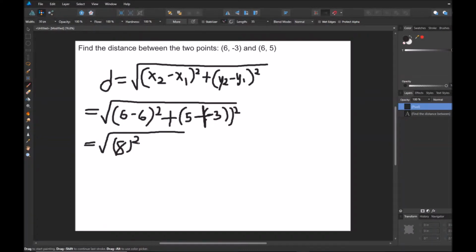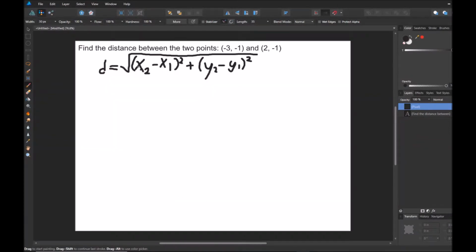And it's important that you actually do the squaring instead of just canceling that out with the root here, because sometimes it will affect your answer, so just be sure to actually evaluate the exponent first. So 8 squared is 64, and the root of 64 is 8. So our final answer, the distance between these 2 points, is 8.